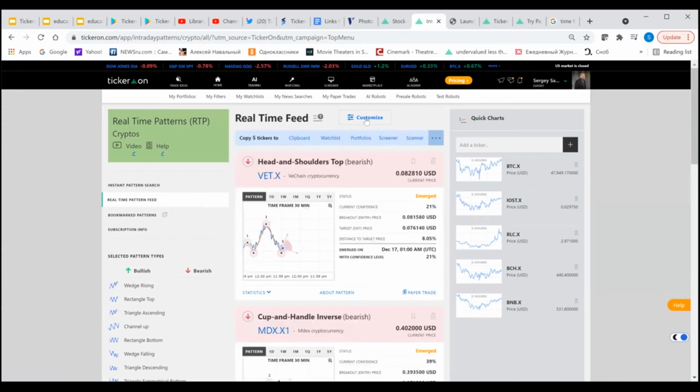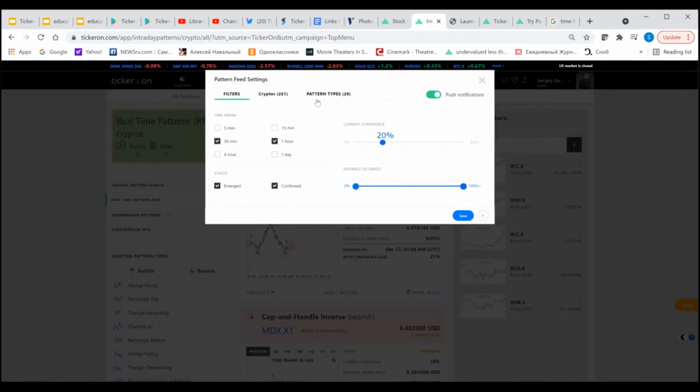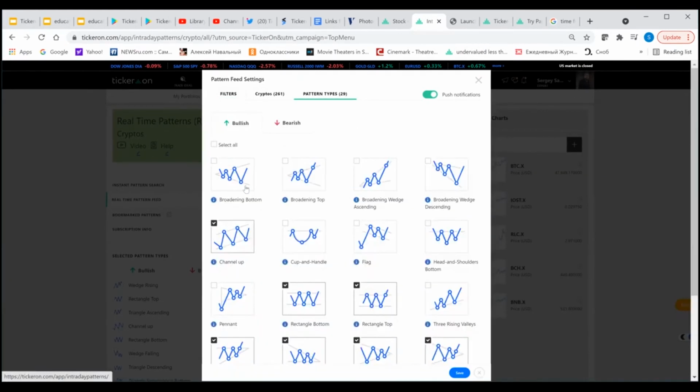So these are real-time patterns. Let's look at what we did. So we have bullish and bearish, all of them, okay? And then this is crypto. The same type of approach: either you click all the categories or you select specific tickers, okay? So if you want specific categories, you see the number of patterns and the number of cryptos here, and then you click save.